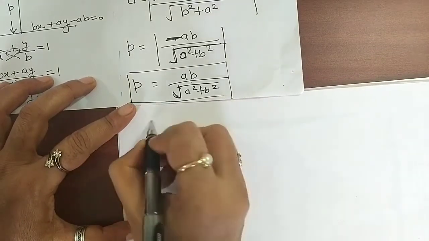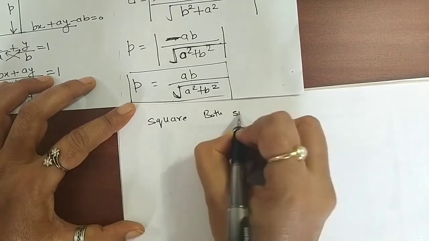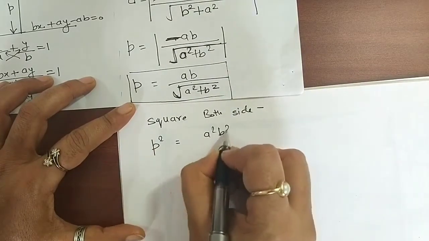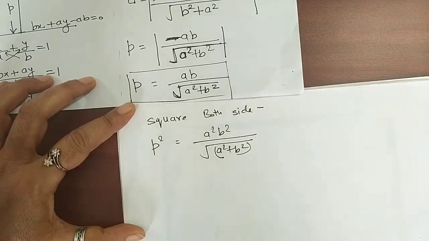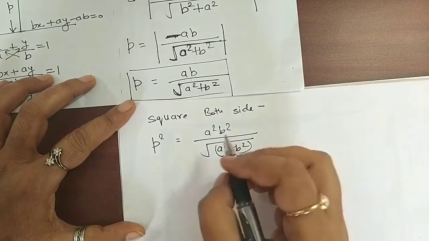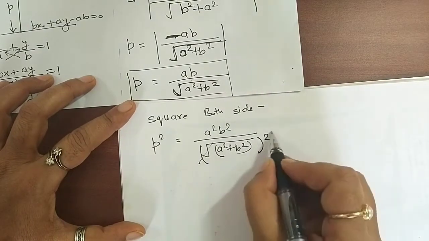So let me write down this. Can I square both sides? Write down square both sides. Okay, so it will be P square is A square B square by A square plus B square. I'm sorry, this is square. So when we do square, root will cancel.